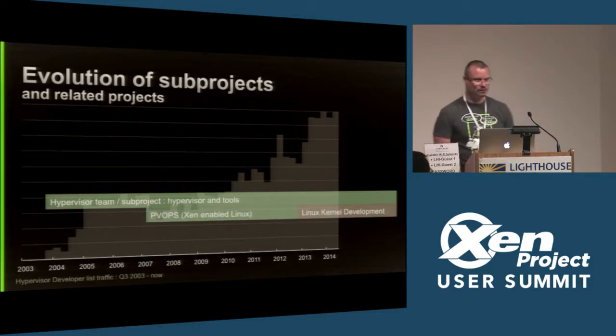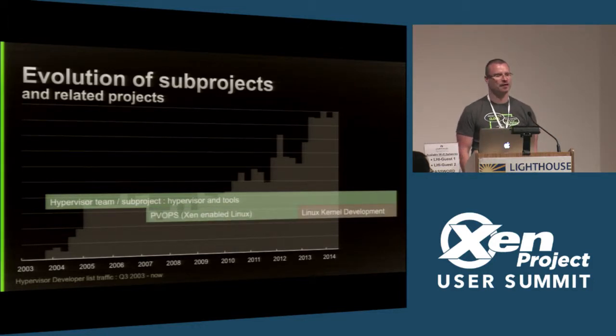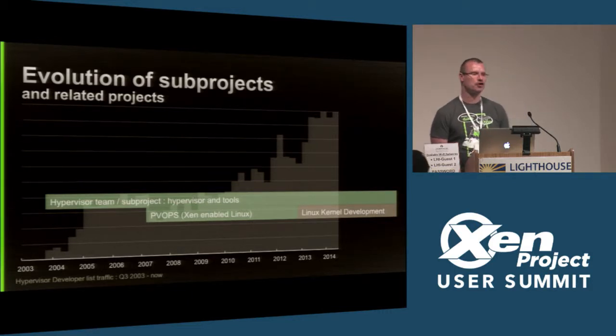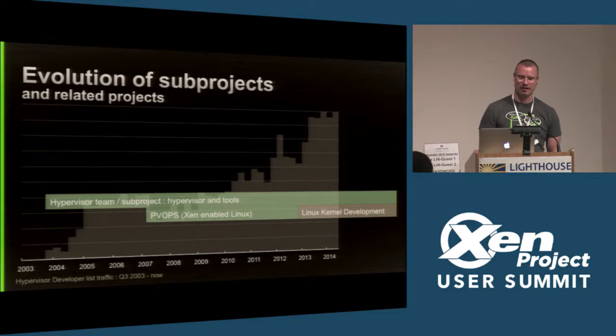Then there's actually a team within the Xen project which looks at PVOps. PVOps is a set of components in the Linux kernel which enable Xen. We've run this until recently, and are still technically running it as a sub-project within the Xen project, but actually that's just standard Linux kernel development.